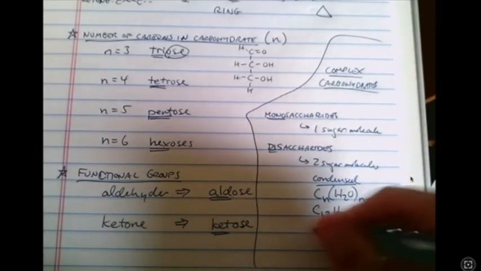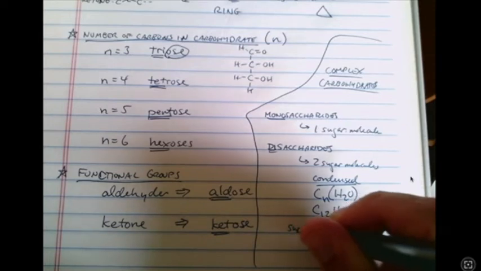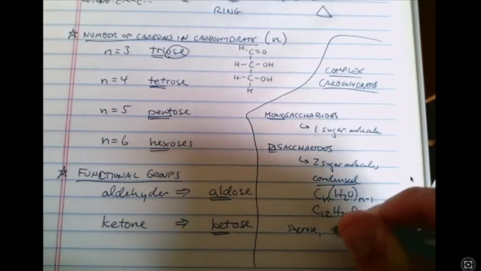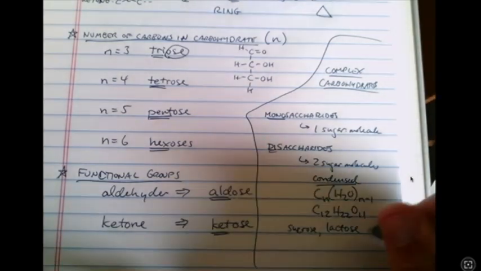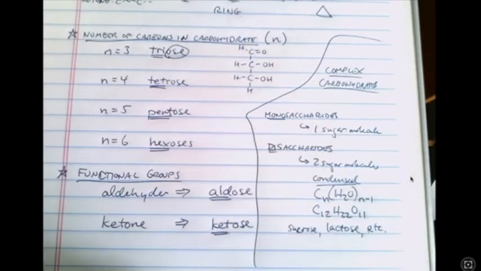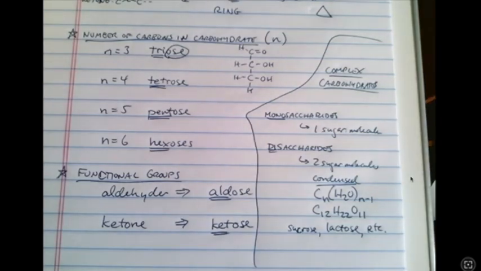Some others that you might be familiar with, along with sucrose. Very likely that you've at some point heard of lactose. That is another disaccharide. These are just a pair of them. We'll go ahead and put etc. at the end of that because there are plenty more that exist, because you can pretty much pair up any two sugars or two of the same sugar and make something a little different that might have a slightly different level of sweetness, may or may not be digestible by human beings.